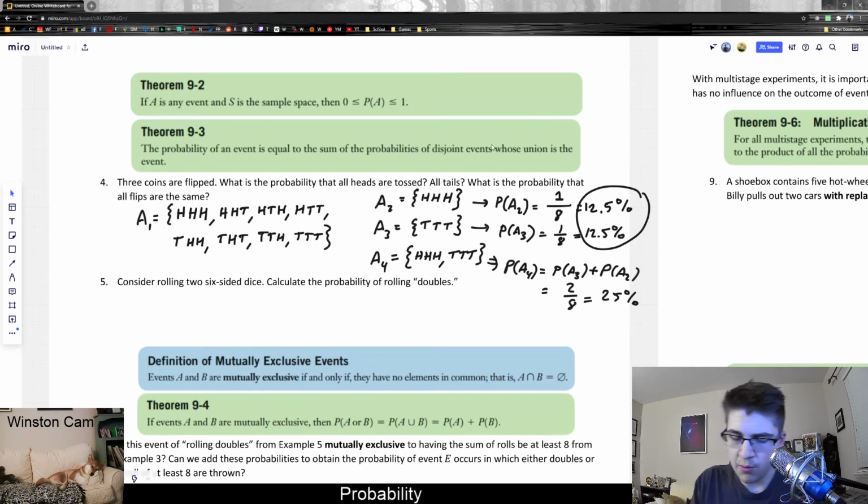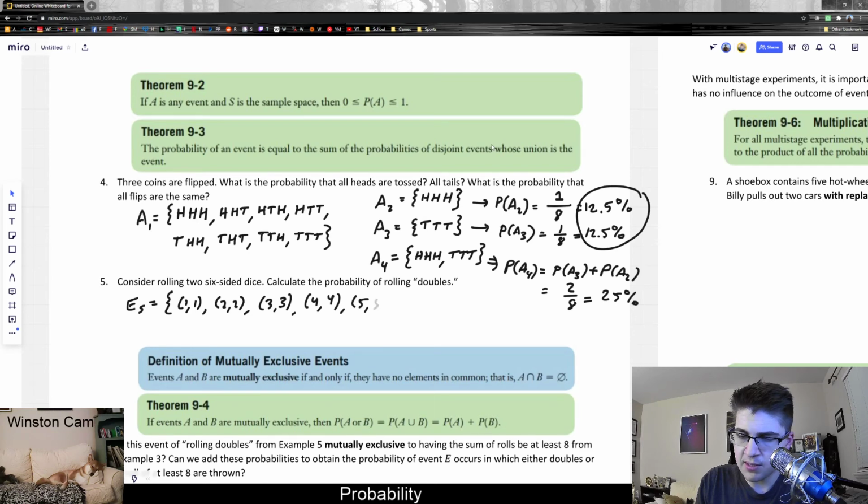So we could start with our event. Let's just call this E5 because I'm going to use this in a later video. This event would be if we get 1 1 on our dice, or 2 2, both rolls come out 3s, 4s, and so on, 5s or 6s. So of course there's 6 ways to get doubles with 6-sided dice, and so the probability of event 5 happening would be the number of ways it could happen, 6, divided by the total.